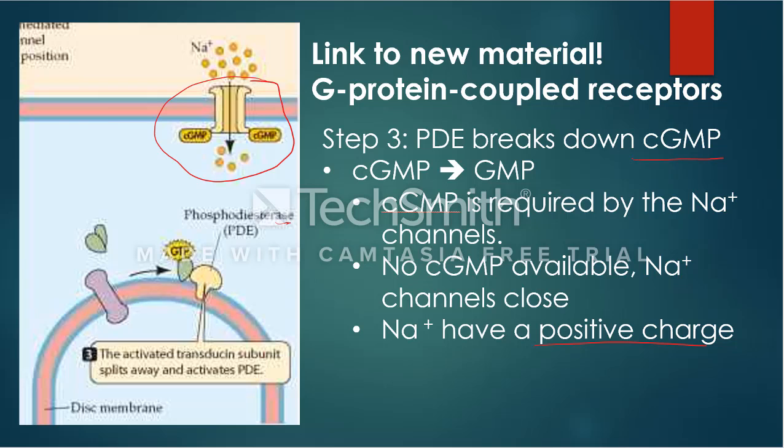So what phosphodiesterase does is it turns this cyclic GMP into just GMP, and so then the sodium ion channel will close. When the sodium ion channel closes, the sodium ions cannot diffuse into the cytoplasm anymore, which will then affect the membrane potential of the plasma membrane, because we're no longer bringing in these positive charges anymore.